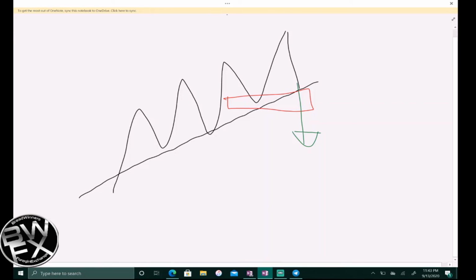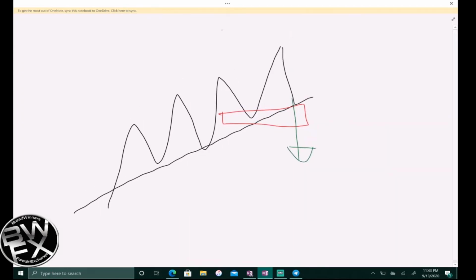It's not continuing up on what some may consider a higher high, like this, a higher high, then a higher low, then a higher high, then a higher low, another higher high.